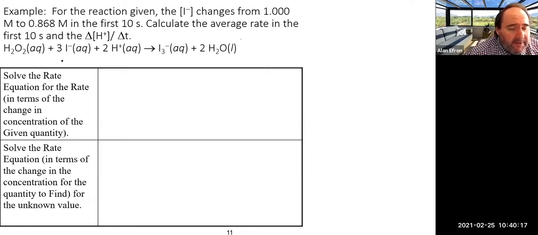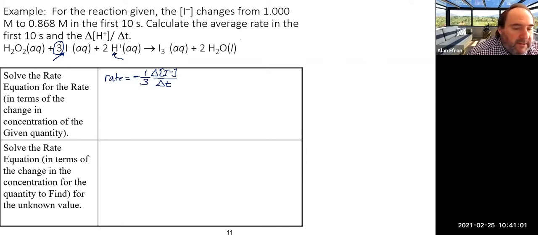A lot of species in here, but we definitely have information about I minus. And ultimately, we're interested in H plus. So even though there's a lot of other stuff involved in this reaction, it's best just to focus on the 2 things that we either have information about or are trying to find. If we look at I minus, we do see it is a reactant, and we could write a rate expression for it: the rate is equal to minus, because it's a reactant, 1 over 3 because of its coefficient, the change in the concentration of I minus over the change in time.